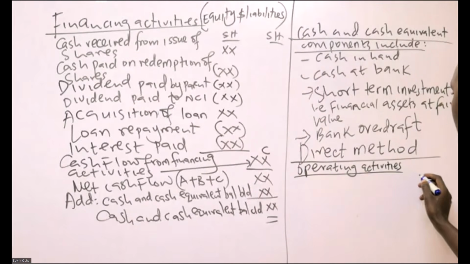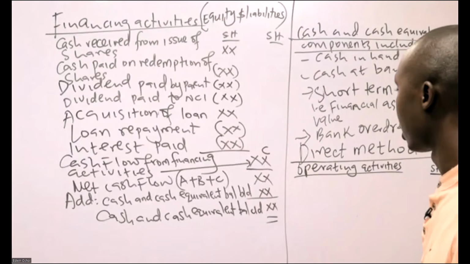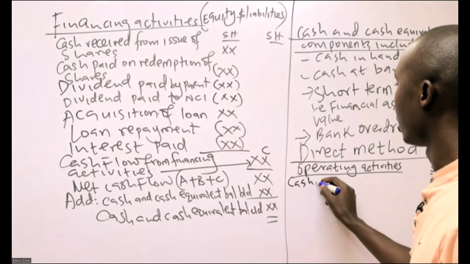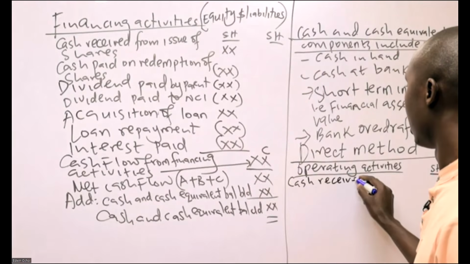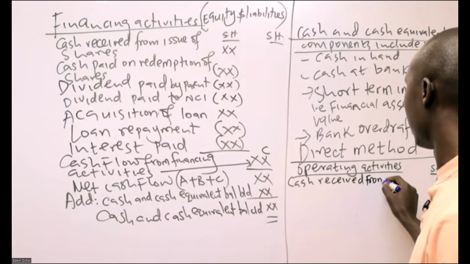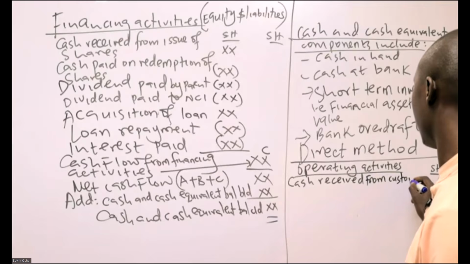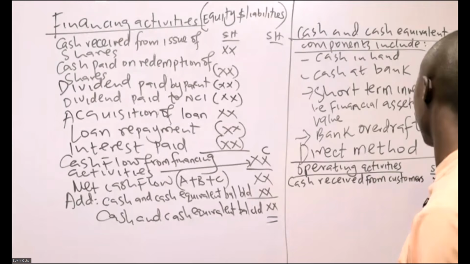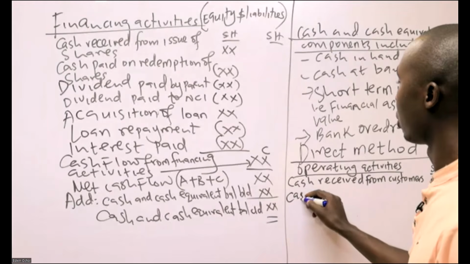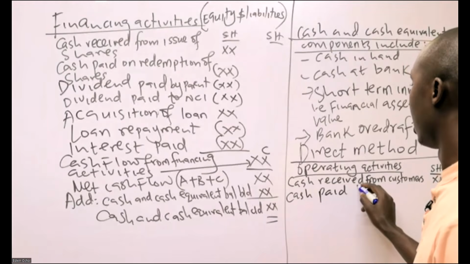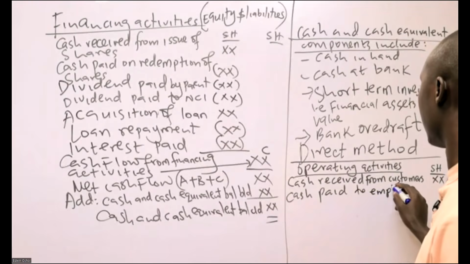So the operating activities. This is how you will arrive at the operating activities. We will talk about cash received from customers. You talk about cash paid to employees.